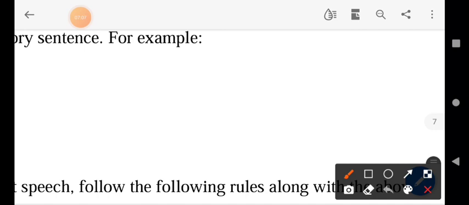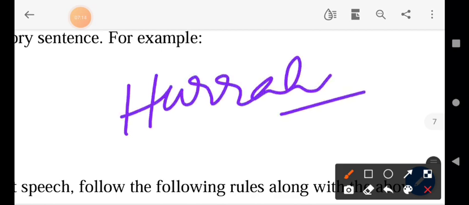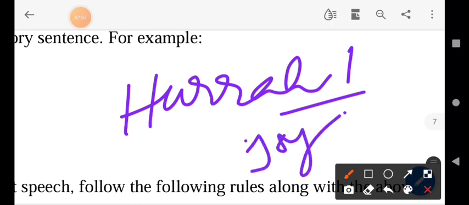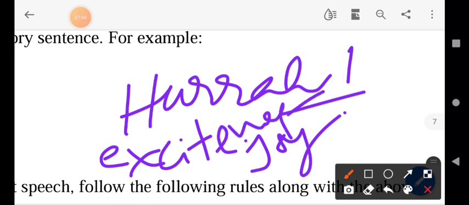For example, the sentence begins with hurrah, H-U-R-R-A-H. H is silent, and I put the exclamation mark. What is this expression's meaning? Do you know the meaning, my dear students? Hurrah expresses joy. It is used to express joy, or approval, used to express excitement, E-X-C-I-T-E-M-E-N-T.